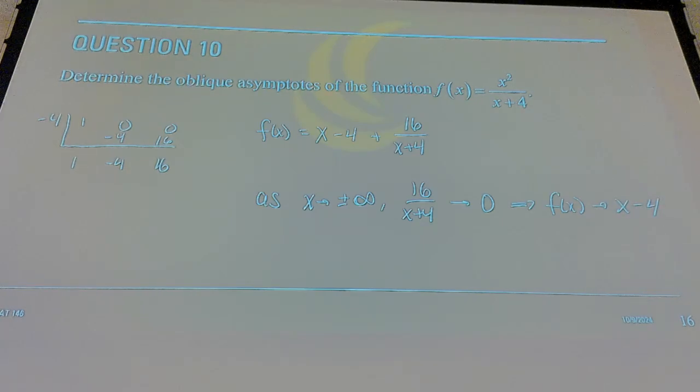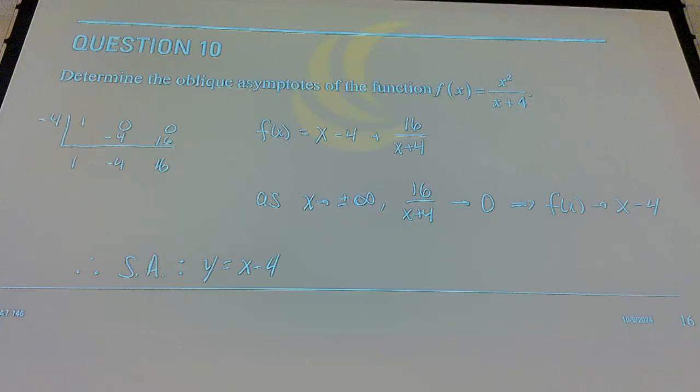Which would mean that f of x tends to x minus 4. That's your slant asymptote. That's linear. So this rational function would have a slant asymptote, y equals x minus 4.